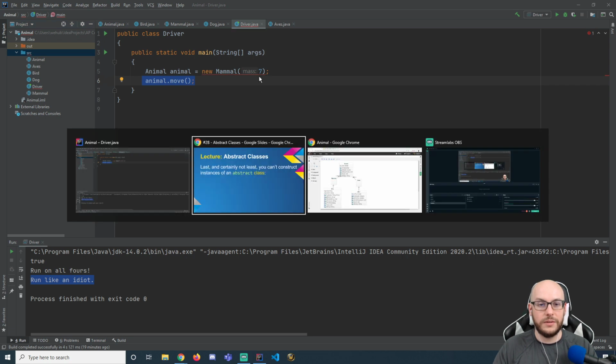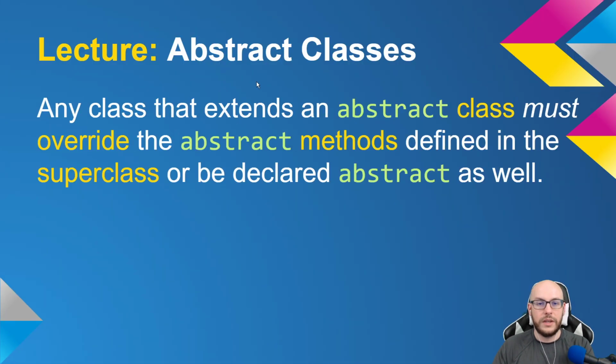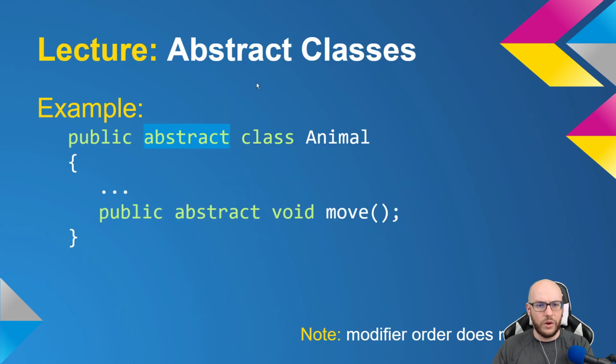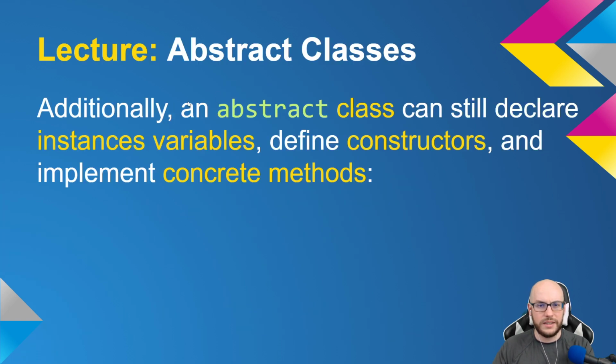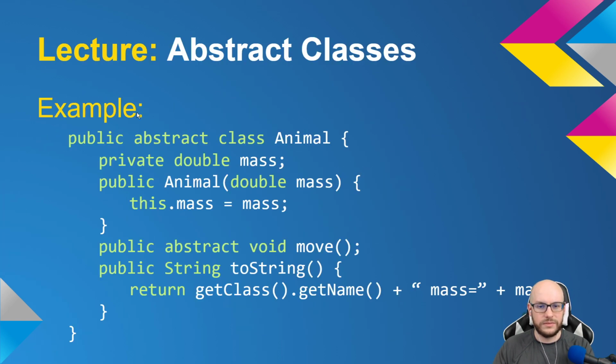That's what's happening here. Okay, so on that note, a while back, when we first made animal, I talked about how you can have a mix of concrete and abstract elements. And we saw that the moment that we plugged in an abstract method, the class had to become abstract, right?